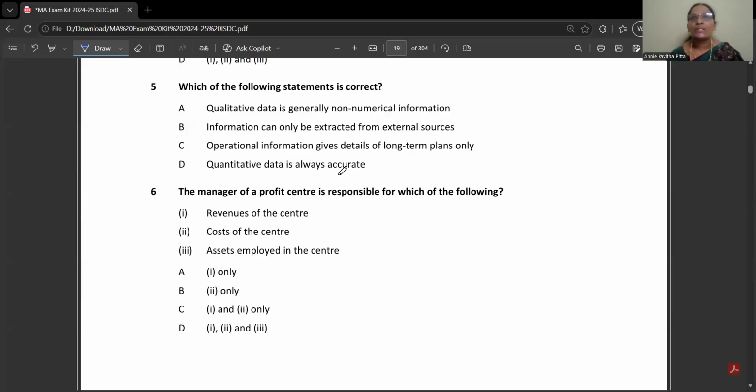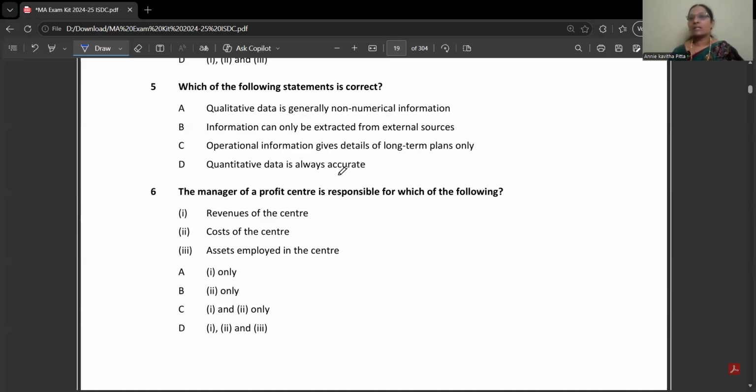Non-numerical, that is, opinions are collected from various respondents. So we see that data which is collected from various sources can be categorized as qualitative and quantitative. Quantitative is numerical in nature. Qualitative is non-numerical in nature, generally non-numerical. But then qualitative data sometimes can also include numerical information.